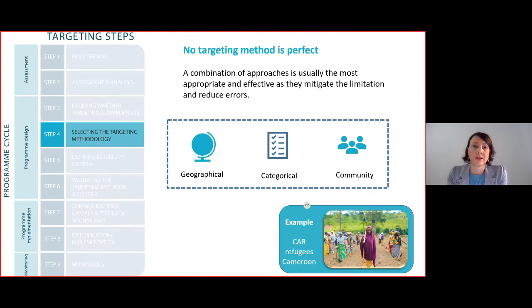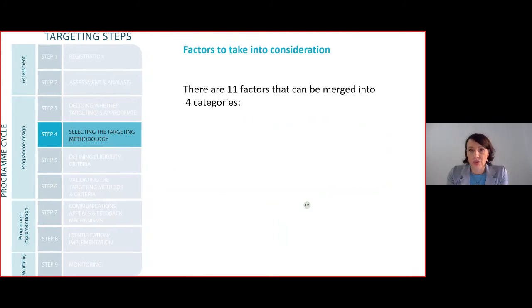So, which are the factors that we should consider when we decide which targeting method we should use? There are 11 factors. I'm not going to list them all, but they can broadly be regrouped in 4 categories. Again, in the guidelines, they are pretty much detailed and examples are provided for each of the factors. So the first factor that we should take into consideration when choosing the targeting method is the risks and security.